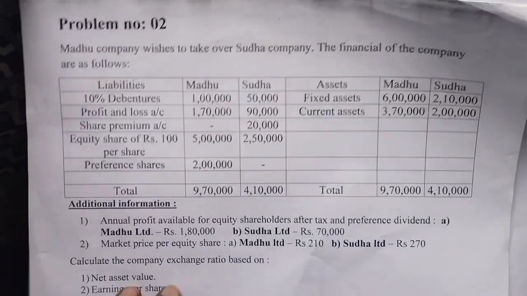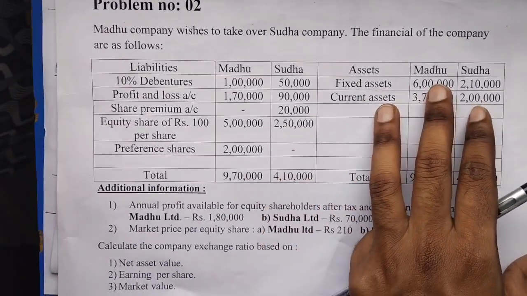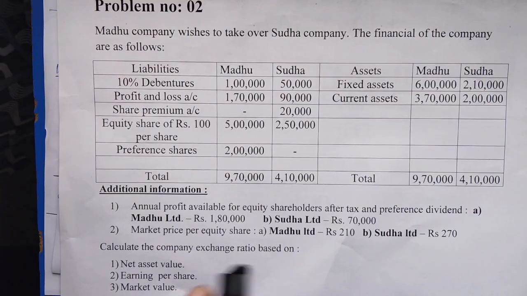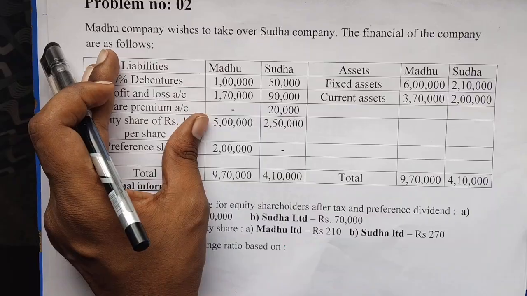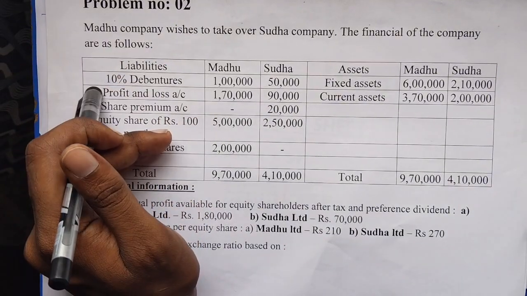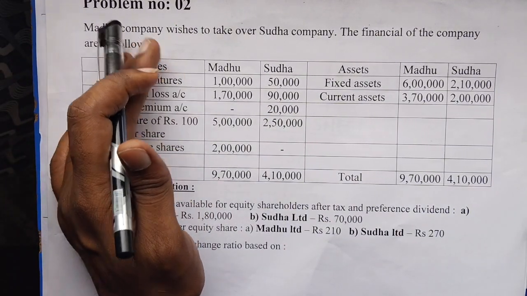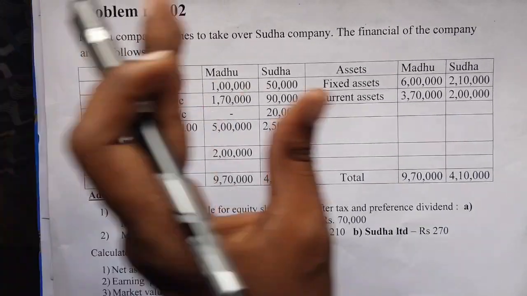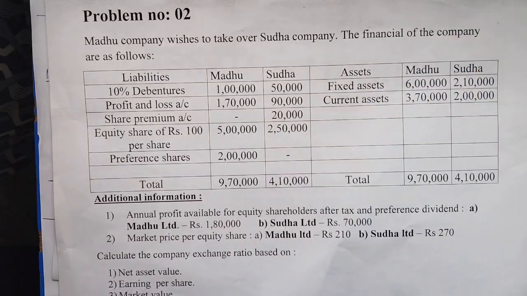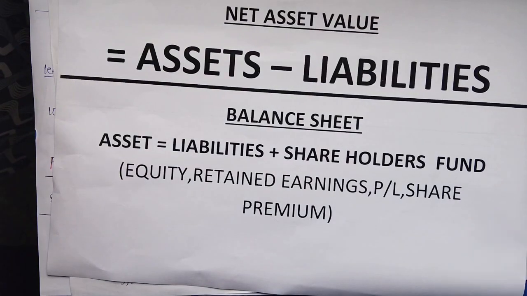For example, in this problem, here are the assets and here are the liabilities. In these liabilities, there will be shareholders fund also. But we need to segregate the liabilities and deduct all the liabilities from the assets. Then we get the net assets value. Clear? I hope it's clear.